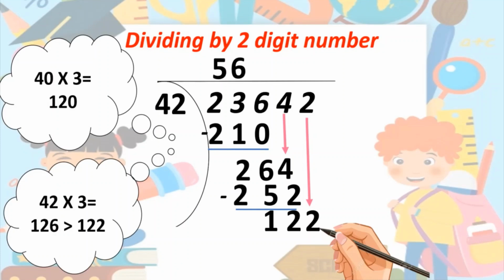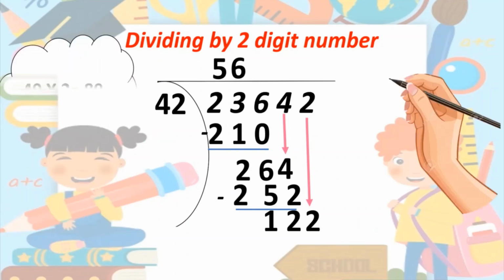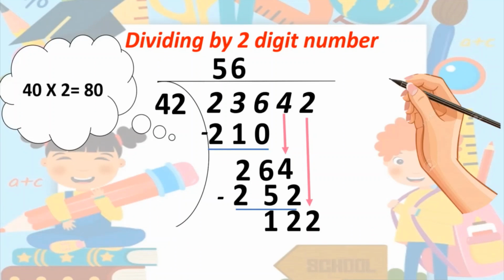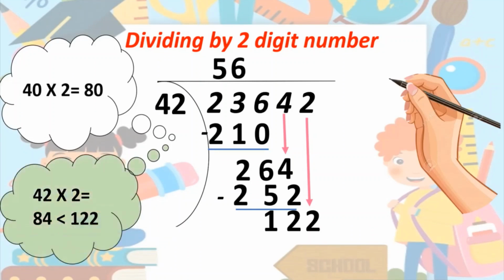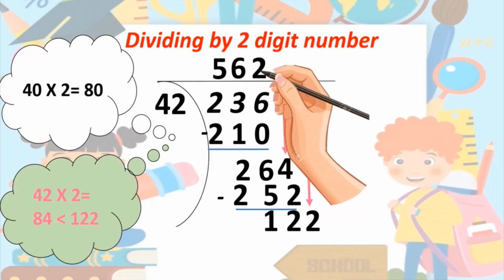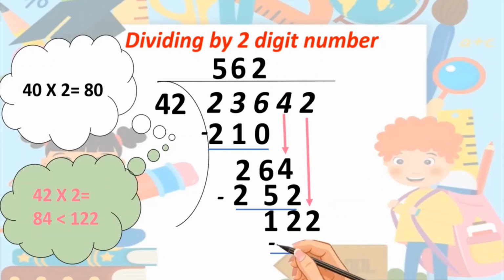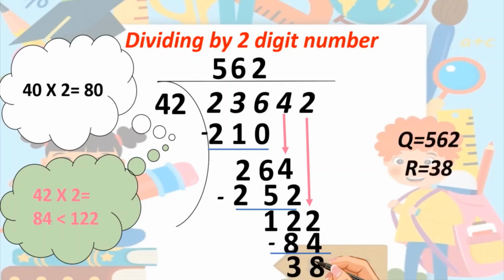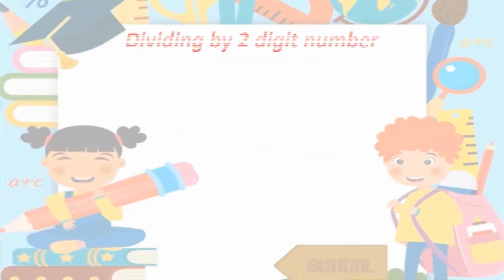So we have to multiply 42 by 2 and the product that we get is 84, which is less than 122. So we write down 42 times 2 is 84 and we are left with the remainder as 38. So here the quotient we get is 562 and the remainder is 38. Now we come to the last sum here.